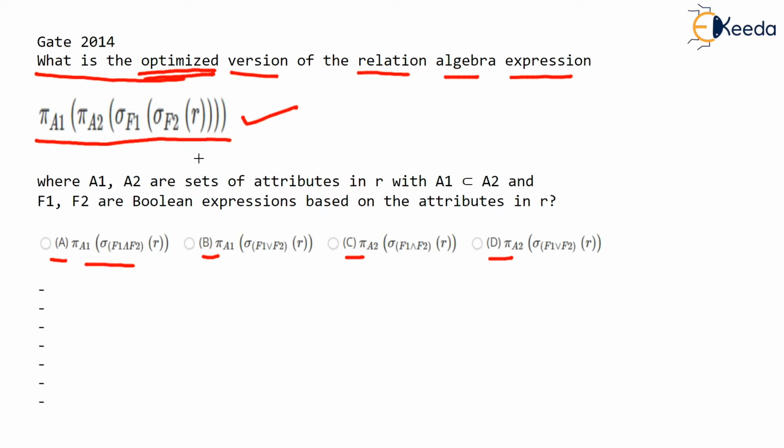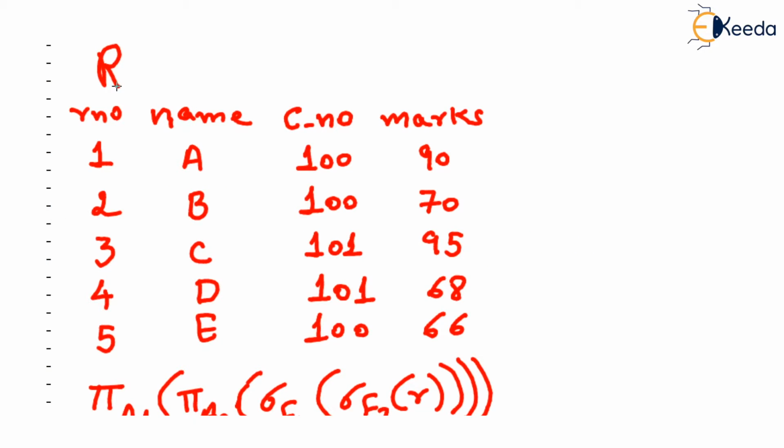Well, the best way to deal with this is to understand the given expression first of all. Please try to concentrate on the expression given, and when you understand it, you will ultimately tick the correct option. So what I have done is taken some relation R. They have not given what the relation contains.